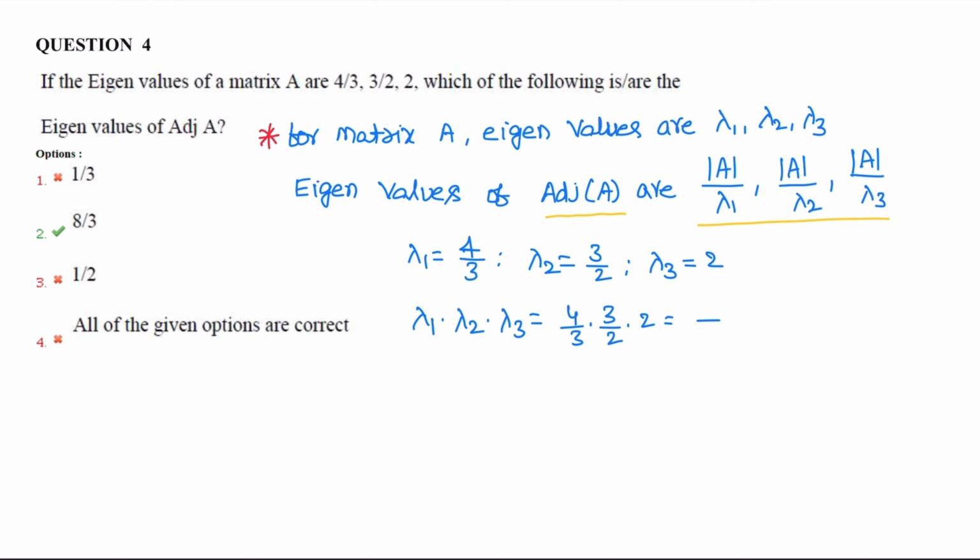So the determinant of the matrix is 4. Next, the eigenvalues of adjoint A.